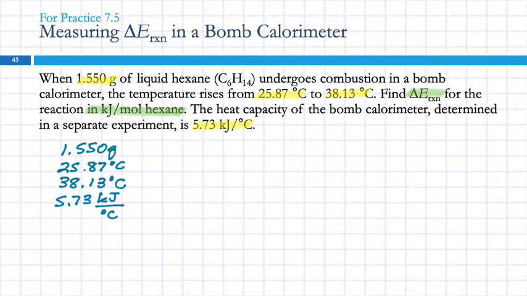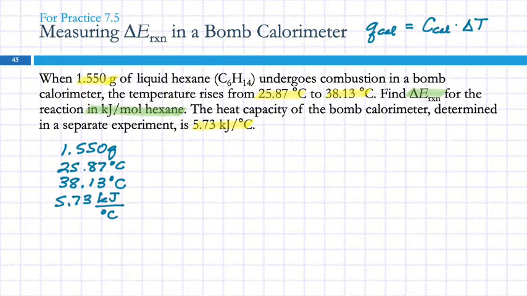So we can think ahead a little bit. We've got a bomb calorimeter, right? And so we just learned that Q for the calorimeter is equal to the heat capacity for the calorimeter times the change in temperature.